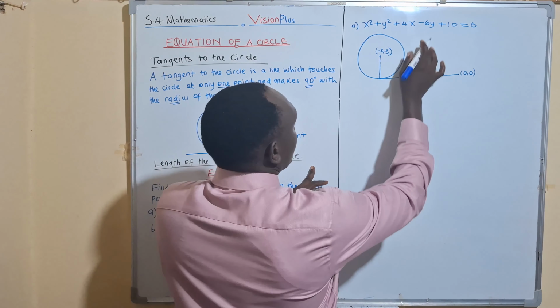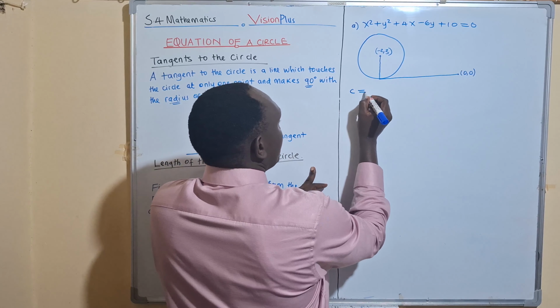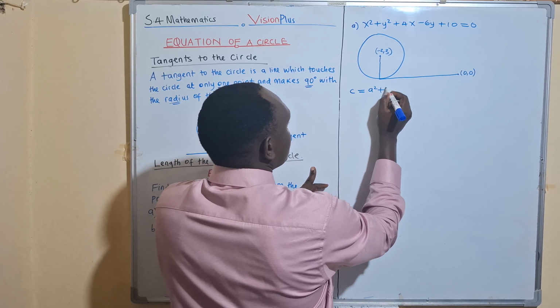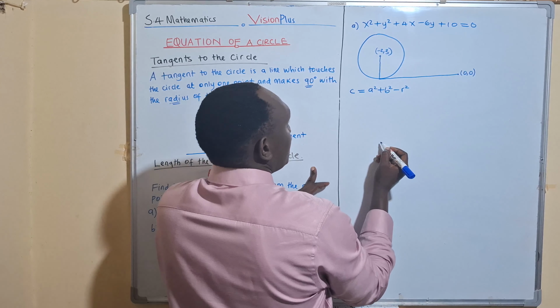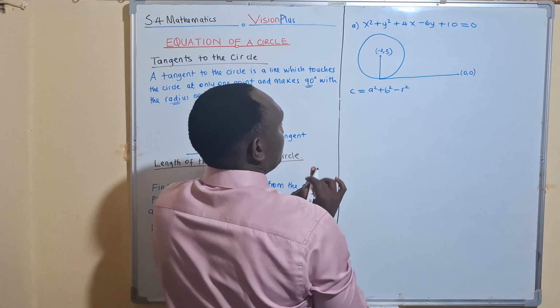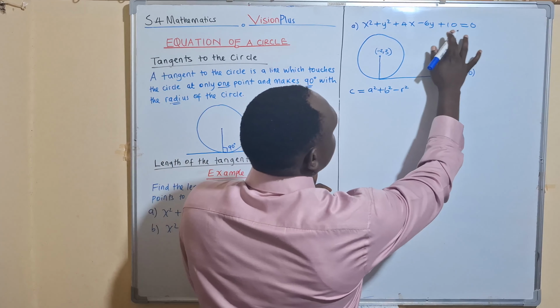Now, we know that C is given as a squared plus b squared minus r squared, in the general form of the equation of a circle. Please go back and revise. So our C in this case is 10.